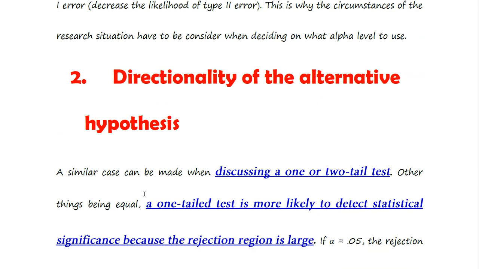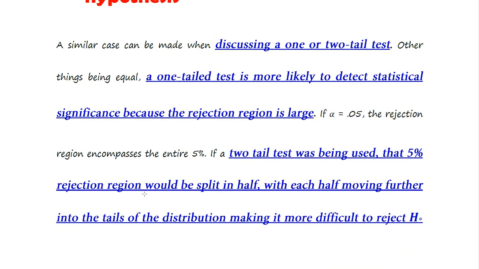Directionality of alternative hypothesis. A similar case can be made when we use one tail or two tail test. A one tail test is more likely to detect statistical significance because of its vast rejection region.